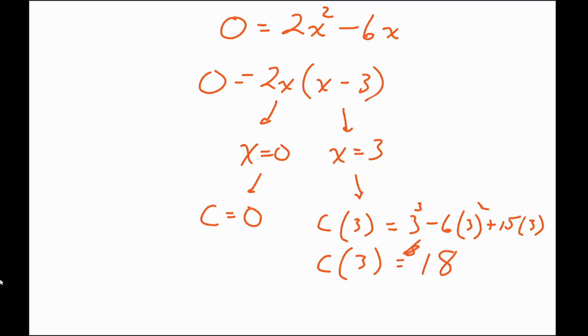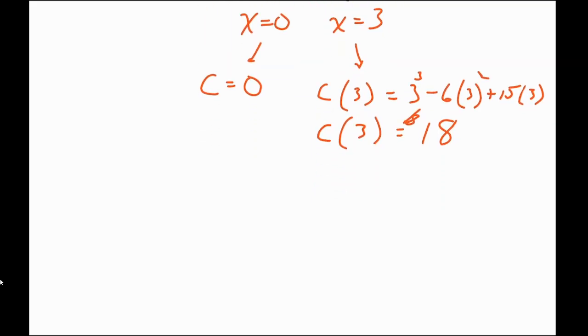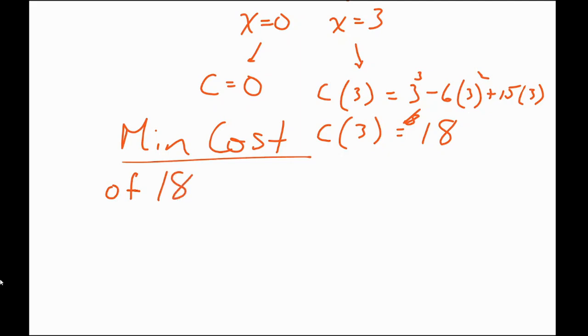So, I'm not an economic expert, but just as a little recall, hold on, this was my minimal costs. Maybe we could write a little statement here: minimal costs of 18 when x equals 3.